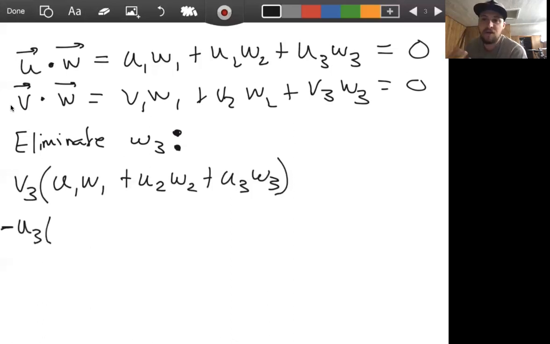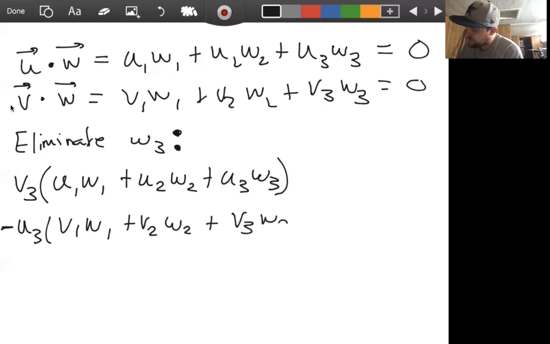Again, we're doing this because I want to eliminate the variable w3. So this will be v1 w1 plus v2 w2 plus v3 w3. And if we eliminate this here, you can see we get the following thing.